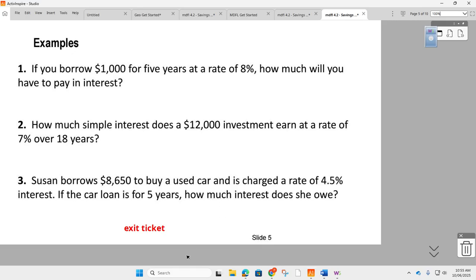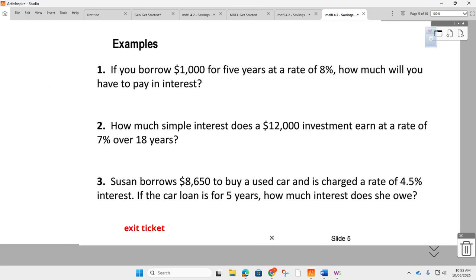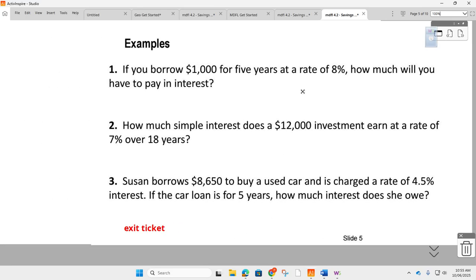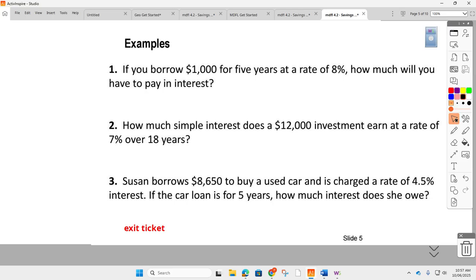Examples. If you borrow $1,000 for 5 years at a rate of 8%, how much will you have to pay in interest? And it really should say simple interest here. The rest of the problems do a good job of stating that it's simple interest. So we are going to use this formula, I equals PRT.